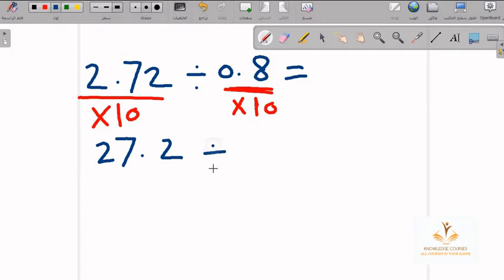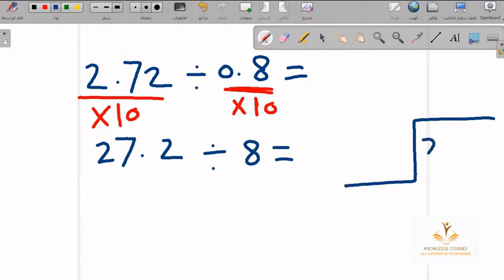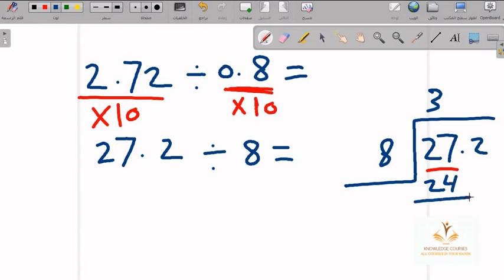27.2 divide 8 equals. We make the division: 27 divide 8 equals 3. 3 multiply 8 equals 24. Subtract that, so this equals 3.